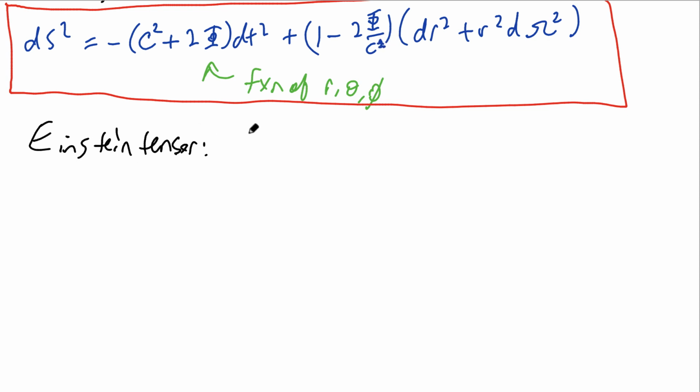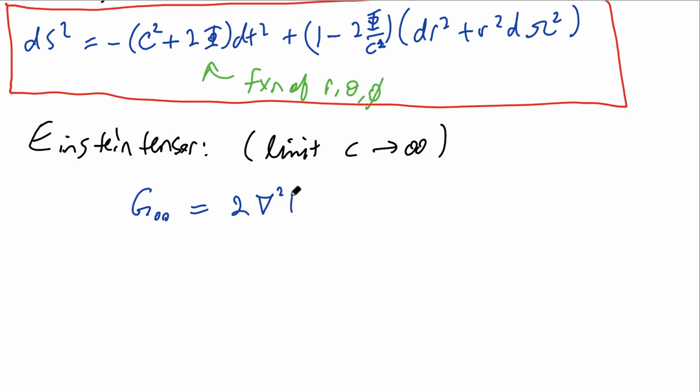So the Einstein tensor then can be computed, and in the limit as c goes to infinity, so the Newtonian limit, what we find is the 0, 0 component of the Einstein tensor is 2 times Laplace operator acting on phi, and the other components are approximately 0.